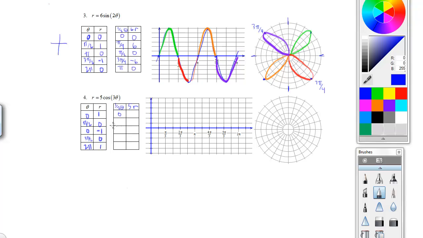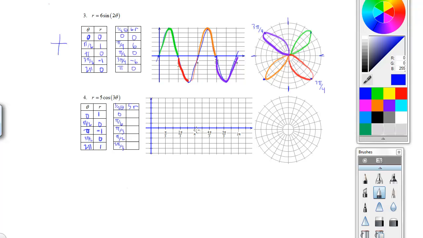So this is 0. 1/3 of pi over 2 is pi over 6. 1/3 of 0 is, oh, this should be pi here, sorry. 1/3 of pi is pi over 3. 1/3 of 3 pi over 2 is pi over 2, and 1/3 of 2 pi is 2 pi over 3.